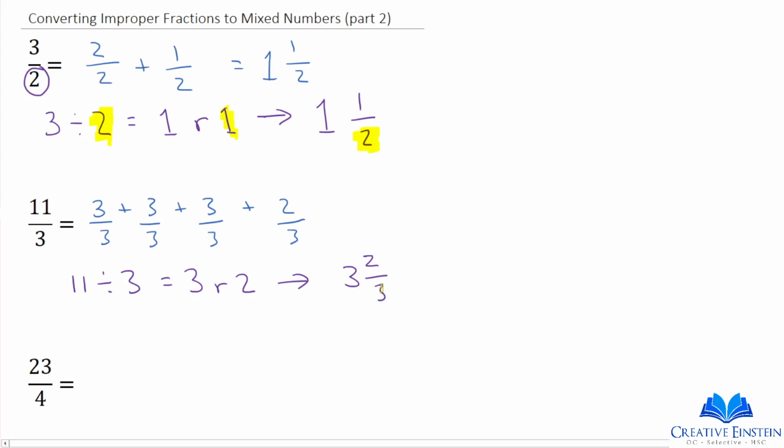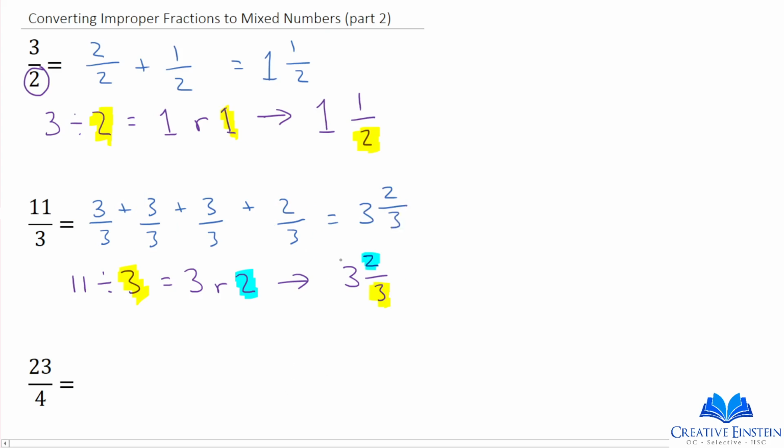Because remember, the denominator is actually the divisor, and the remainder is my numerator. And we can see that up here as well. 1, 2, 3 wholes. And we've got 2/3.